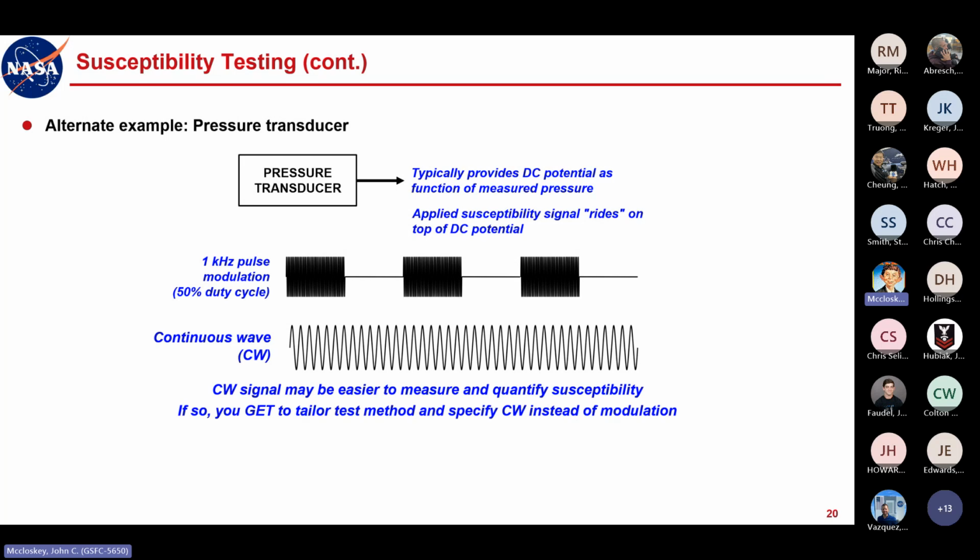Okay, so if this is the case, you get to tailor the test method and specify that we're going to apply a CW signal instead of a modulated signal. But that's all about knowing thy EUT. If you know the device that you're testing, then you can make these informed engineering decisions about the best way to test it.